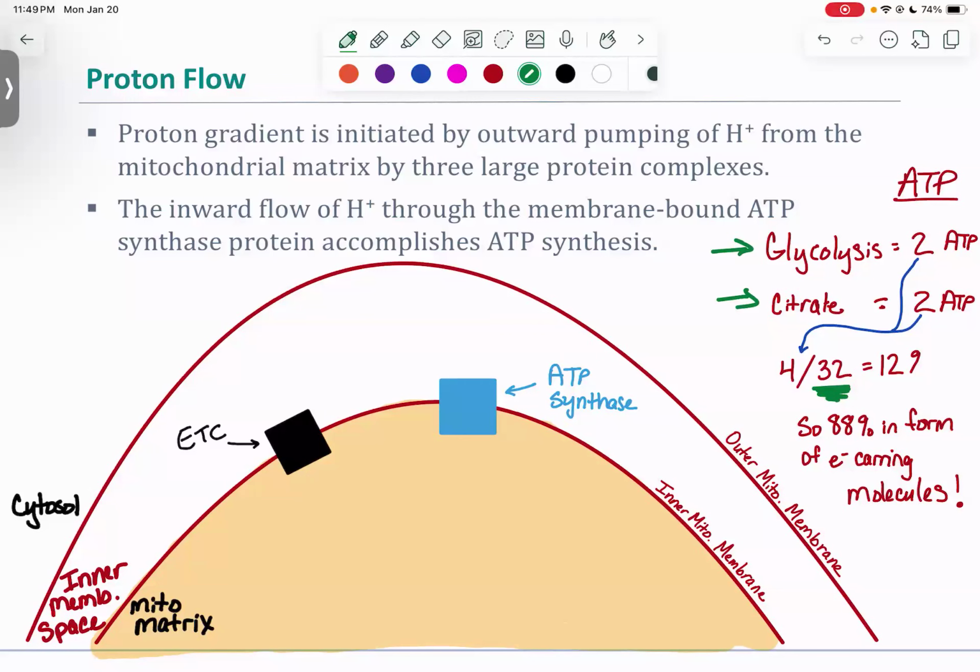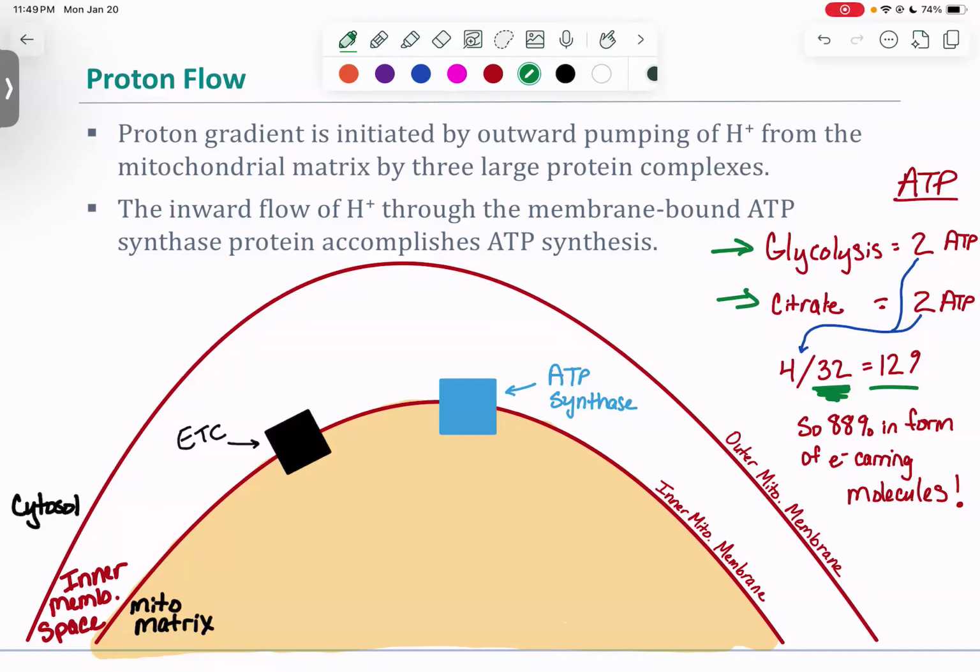That's only 12% of the ATP that I could make from the oxidation of one glucose molecule. Where is the rest of the 88% coming from? That energy is stored in the electron carrying molecules, and we'll see how they generate energy.